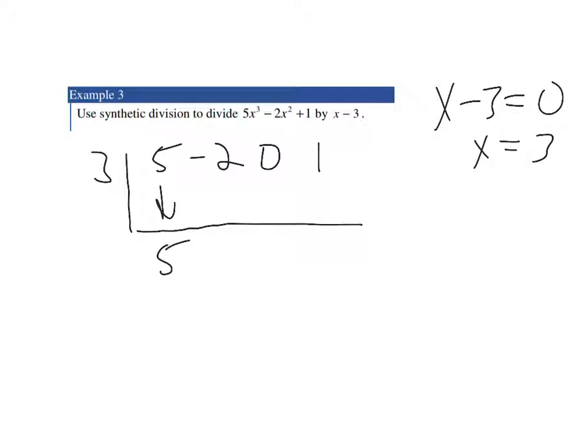You bring down the 5. Now you multiply. I really hope this is not the first time you've seen this. If it is, it's going to take you some practice. Otherwise, it's probably just review. So 5 times 3 is 15. Now I add them, which is 13. And then 13 times 3 is 39.